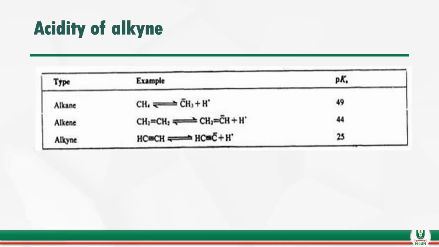Remember, even pH 6 is less than pH 1 in terms of acidity. So here we have pKa for alkane to be 49, pKa for alkene to be 44, pKa for alkyne to be 25. So you can see this is more acidic than this, and this is more acidic than that.